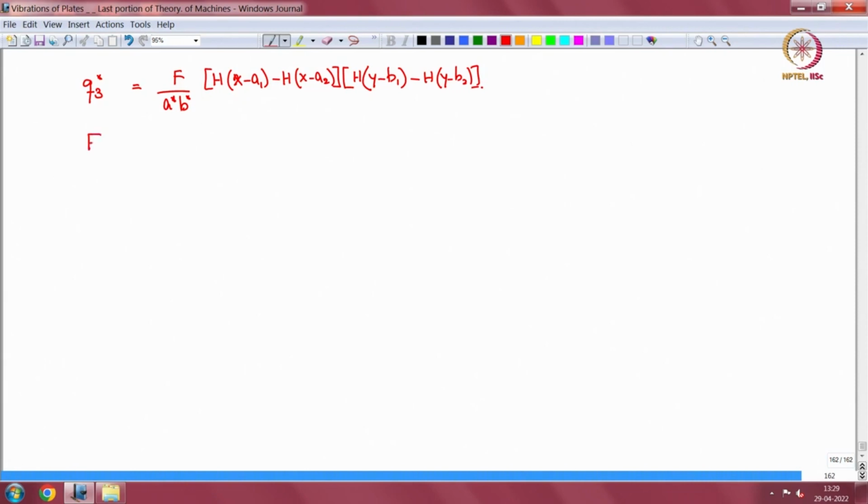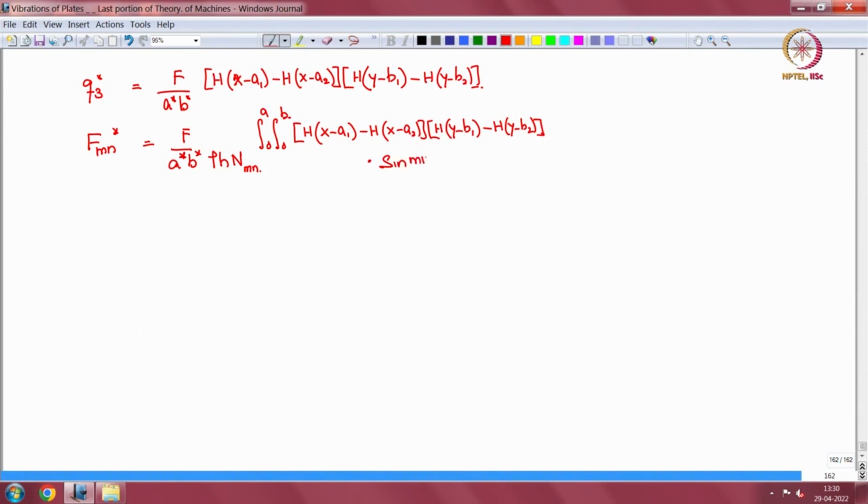And therefore F mn star is equal to F by A star B star, rho h, n mn, integral 0 to A, integral 0 to B, Q3 star into h x minus A1 minus h x minus A2, into h y minus B1 minus h y minus B2, into sine m pi x by a sine n pi y by b dx dy.